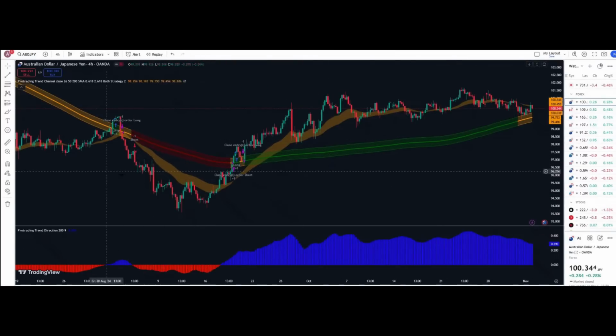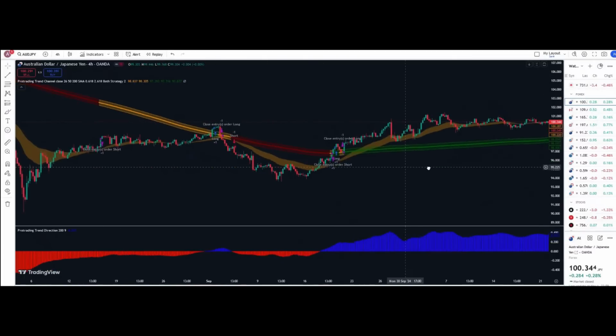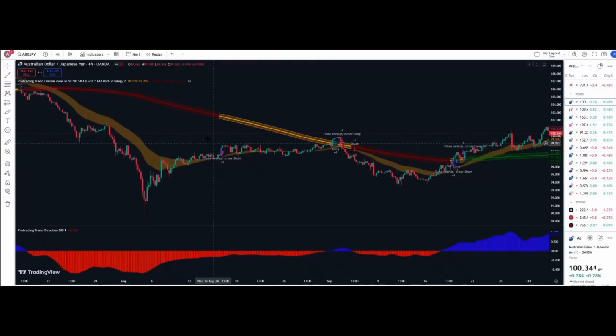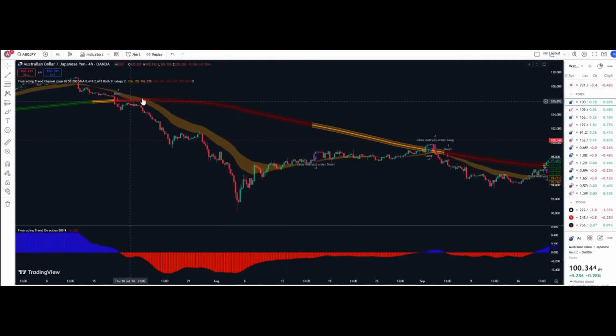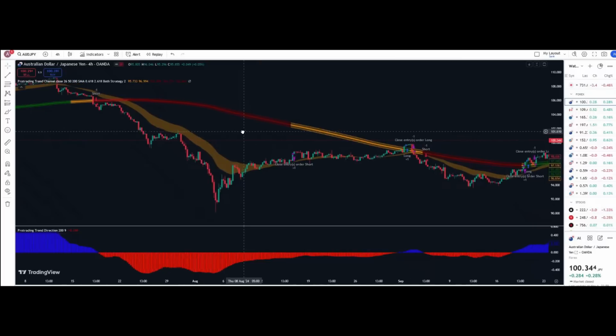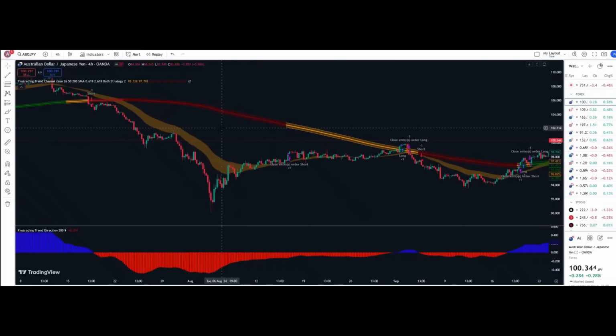So in today's training, I will be discussing 2 important indicators. One is the pro trading trend channel. This is the indicator which you have here on this chart. You see this indicator gives you red, and when the price is showing below the channel, it means you are in a good direction to enter a sell trade.